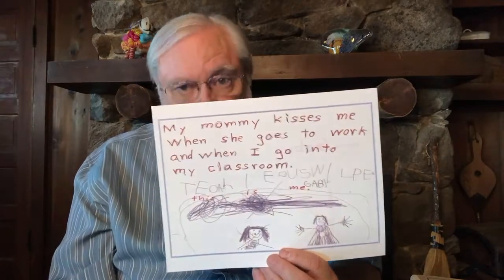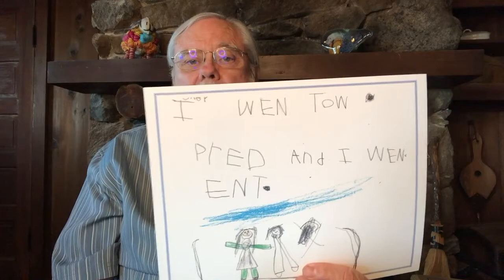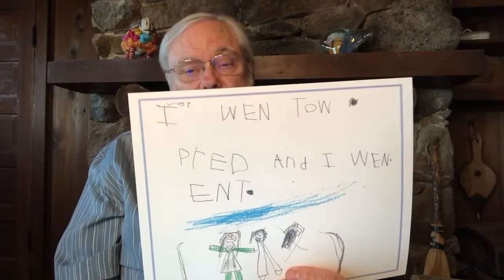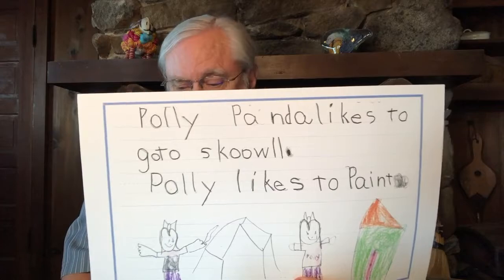She wrote the way that it looks in her personal writing. And then she traced over the top and read it to me at the end of the day. And then a week or so later, her letters were beginning to look like words that you might find in a book. And then still later in the year, the kids were writing so that I could read it and I didn't have to ask them what it said.